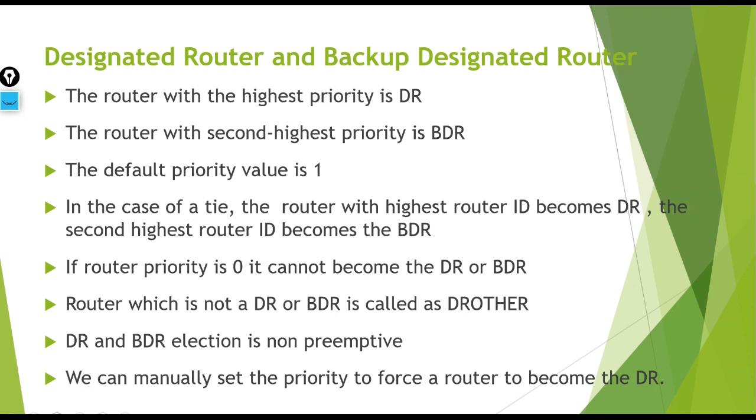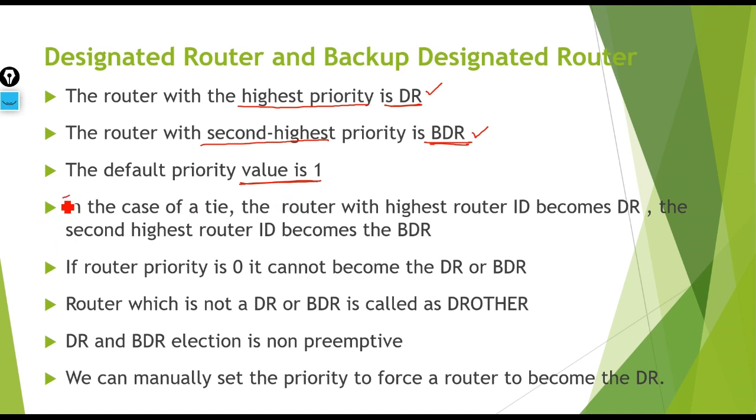The common point is that the router with the highest priority will become DR, and the second highest priority will become BDR. DR stands for designated router, BDR for backup designated router, and the default priority is 1 for all the routers.